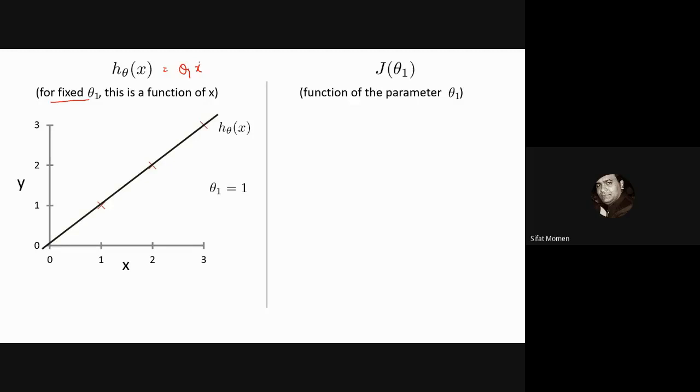Yes, জি স্যার. তার মানে x যদি 1 হয় h theta x হবে 1, x 2 হলে h theta x 2, x 3 হলে h theta x 3, ঠিক আছে? Right নাকি না? Yes. Okay, so that's the best fit line, that's the regression line that we will find out. Is it right নাকি না? Clear? Yes, sir.